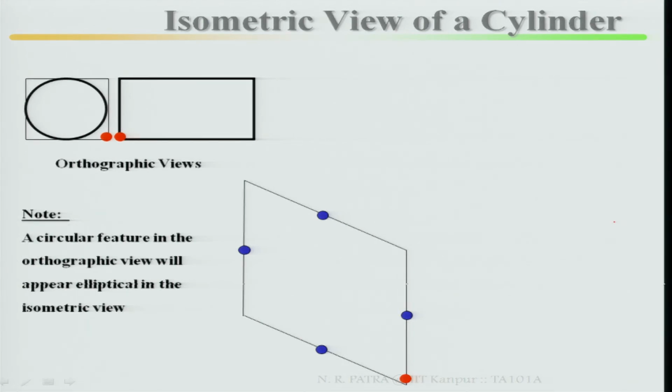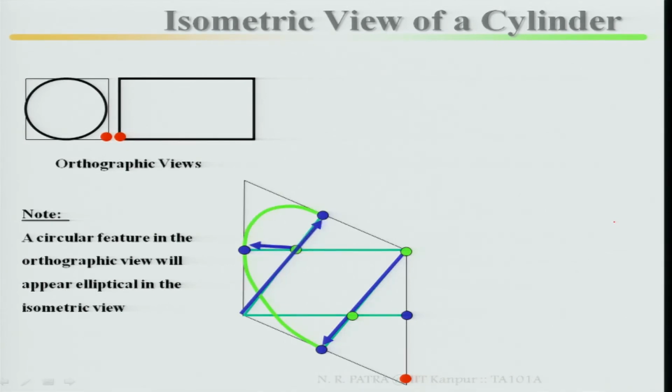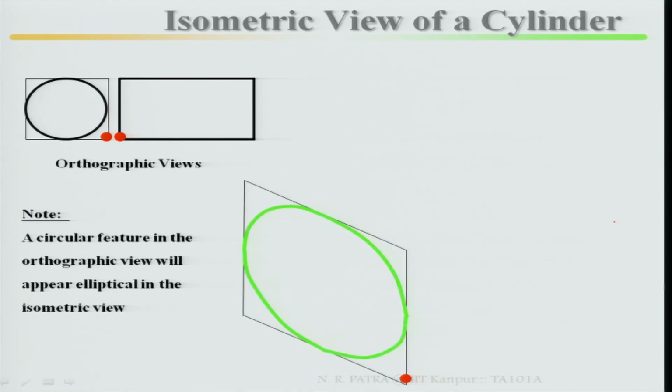Then find your four centers, then draw your ellipse by means of the approximate method. This is your ellipse, how the circle in the orthographic view looks in the isometric view.